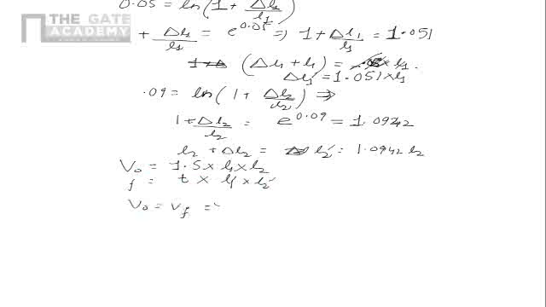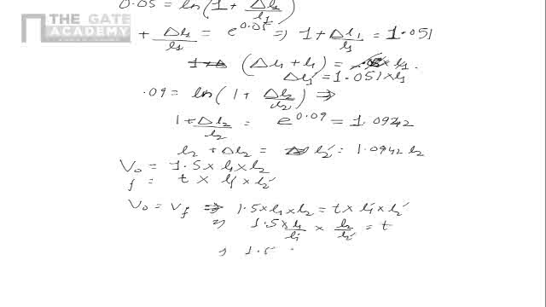This relationship has to be used, and that gives us 1.5 into L1 into L2 is equal to T multiplied by L1 dash into L2 dash. That gives me 1.5 into L1 by L1 dash multiplied by L2 upon L2 dash is equal to T. This is nothing but 1.5 times L1 upon L1 dash, which we can find out from this equation.